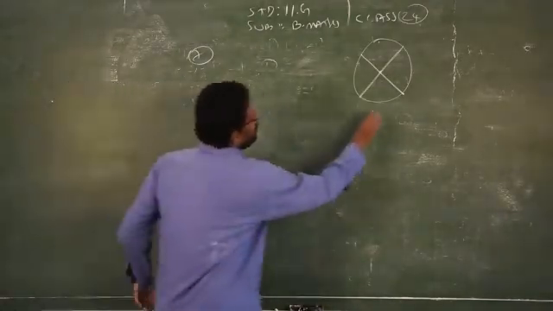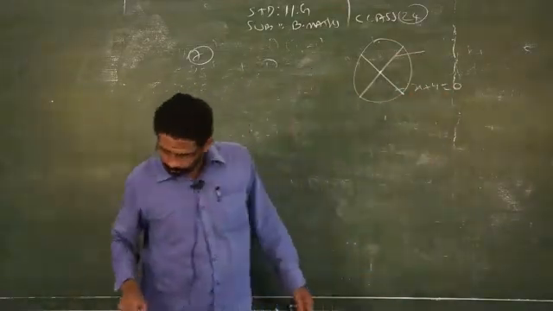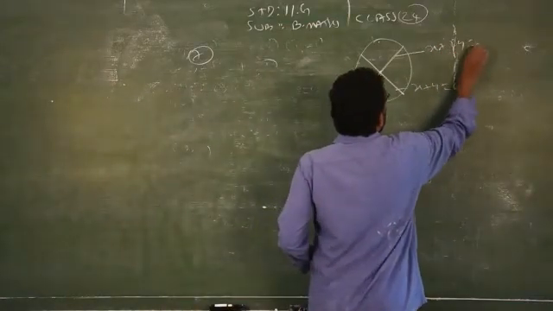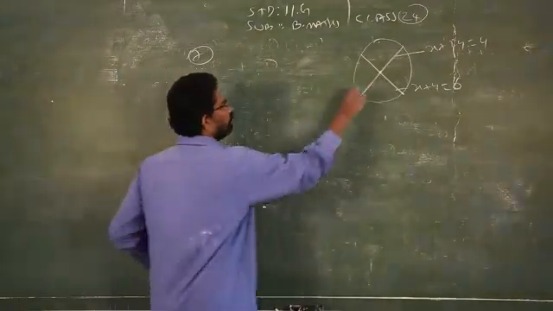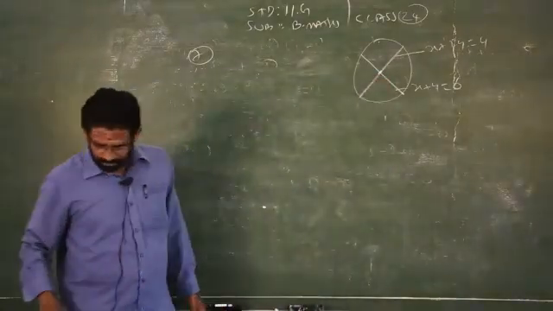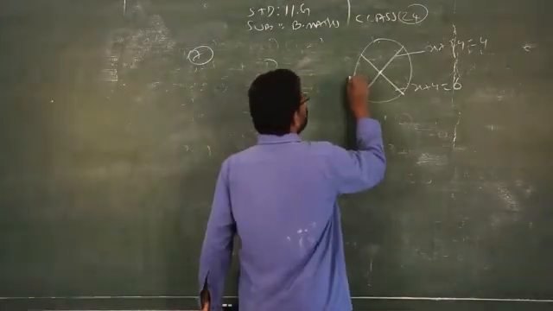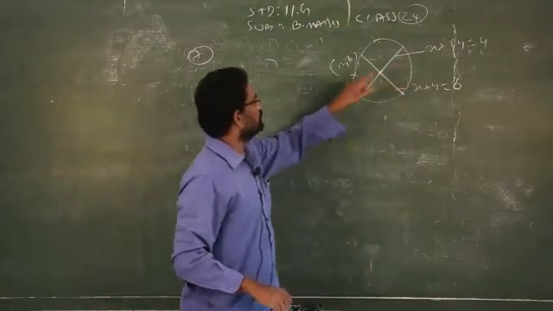That is, this is x plus y is equal to 6 and this is x plus 2y is equal to 4. Again you have to apply the elimination method, and you will find the center. Then it is passing through the point 2, 6. So once you solve these two, you will get the center.